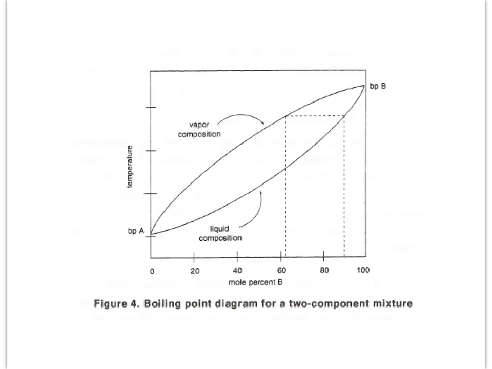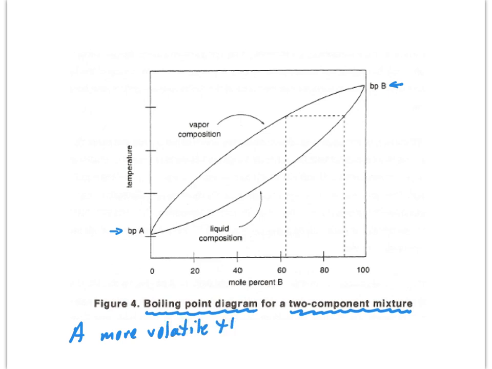So this is a boiling point diagram for a two-component system where each component is volatile. We have the boiling point of A here. So the boiling point of A is lower than the boiling point of B. So that means A is more volatile than B. And remember, when we say volatile, that has to do with having a vapor pressure.